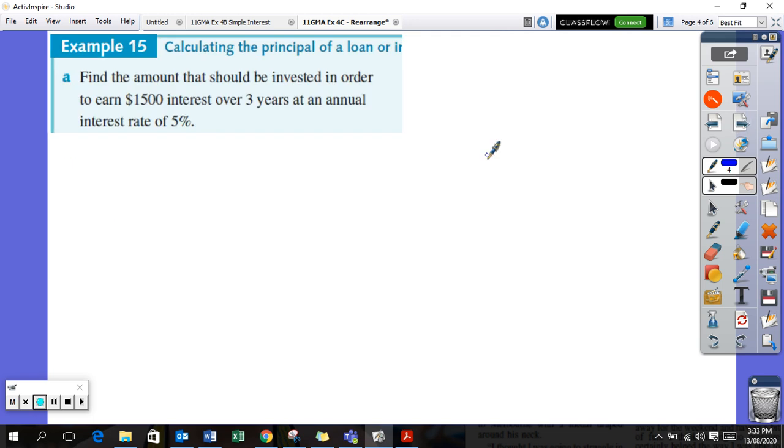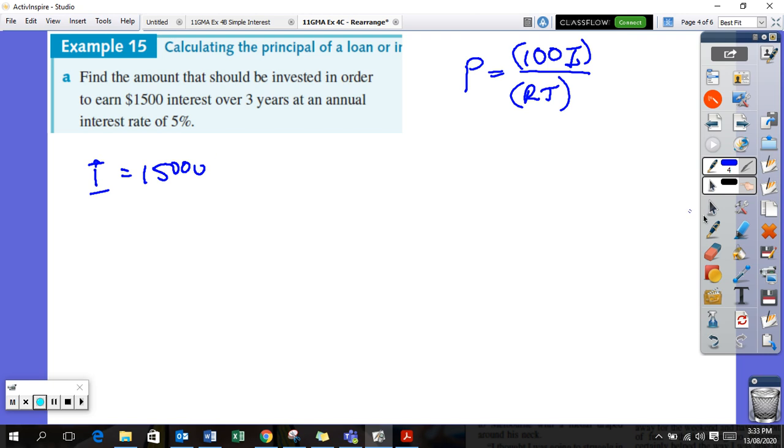Okay, this one we want to find the principal. So same idea. P equals 100I over RT. This one, we don't know the principal. We want to get $1,500 interest. Interest rate is 5%.